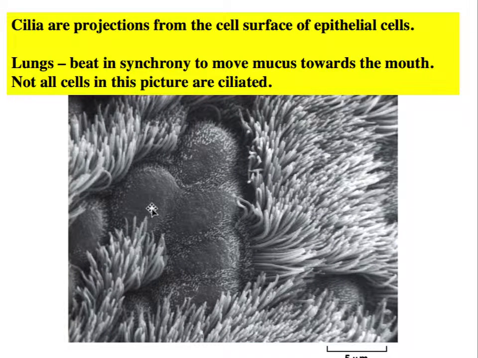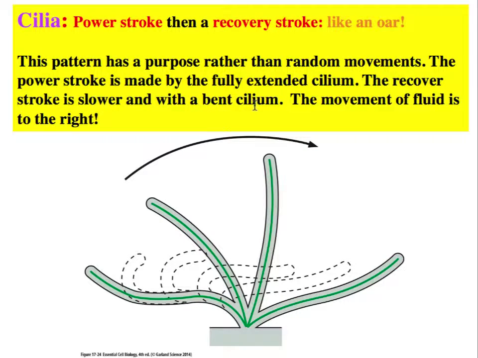This picture of a human lung shows some cells with cilia and other cells without. And that's common. There's nothing wrong with that. What is interesting is how the cilia beat through a cycle. So during the power stroke, they are strong and erect, and during the recovery stroke, they are flimsy and folded.